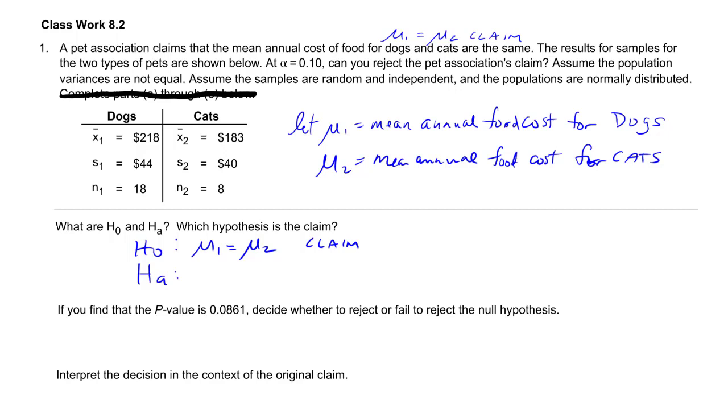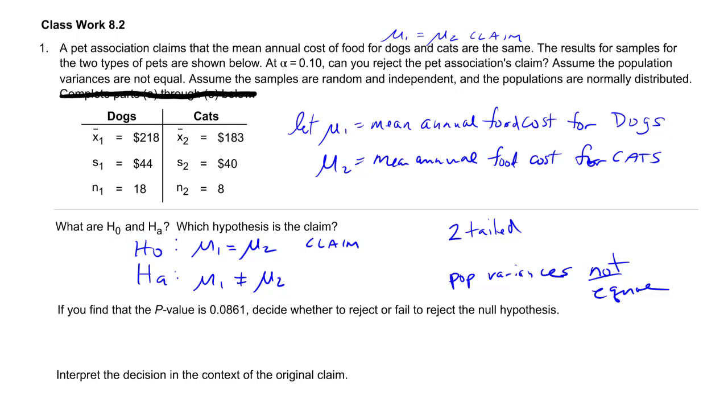And so the alternative has to be mu1 not equals mu2. So this would indeed be a two-tailed test. Now, we will make note that the population variances are not equal. Again, we're not making the calculation here, so we're not going to see that in effect, but it is important to note.